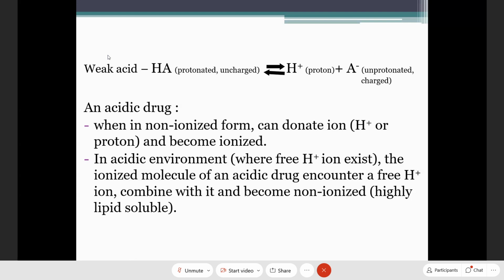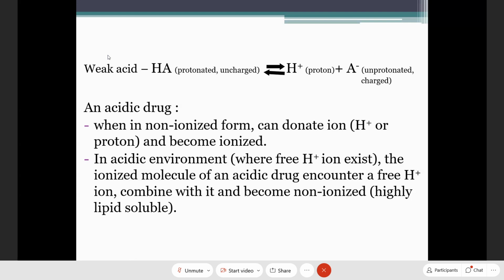But in the acidic environment, where free hydrogen ion exists, because the pH is low, pH 1, 2, or 3, there will be a lot of presence of hydrogen ion.